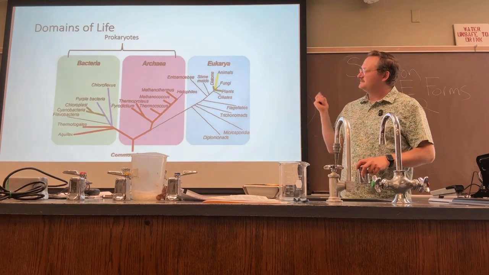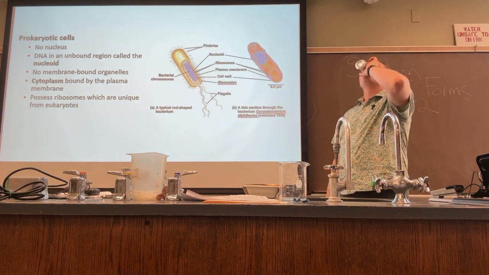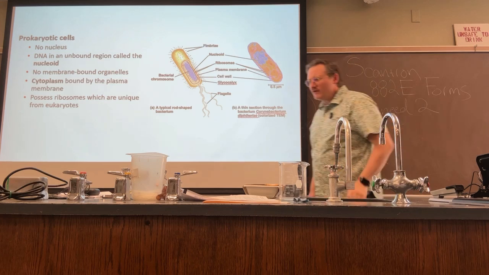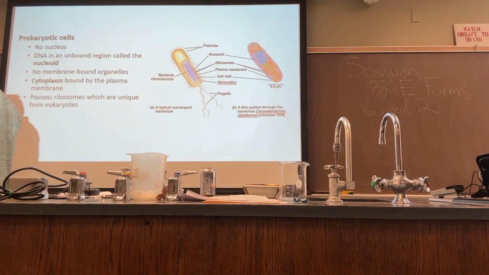Prokes and eukes. Prokaryotic cells. Remember, karyos is Greek for kernel. The karyo, the kernel that we're talking about, is the nucleus. Prokaryotic cells, you could think of them as having like a prototype nucleus, like a pro-nucleus, right?